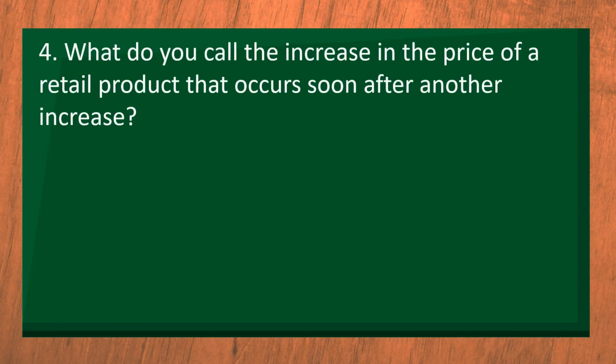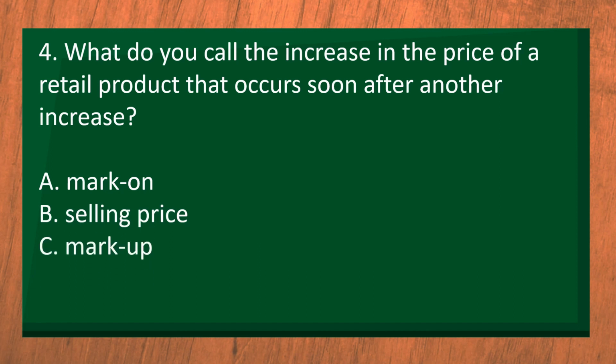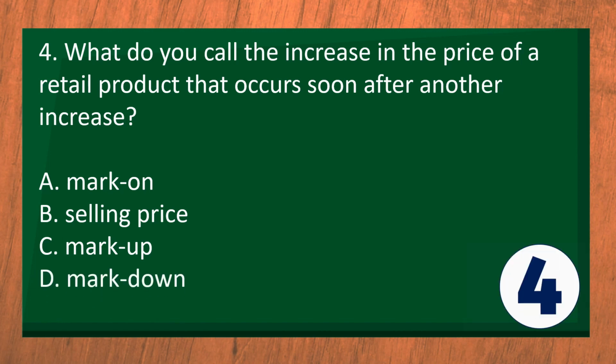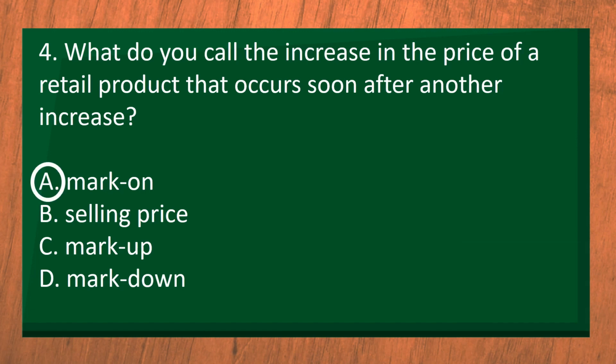Number 4. What do you call the increase in the price of a retail product that occurs soon after another increase? Letter A, mark-on. Letter B, selling price. Letter C, markup. Letter D, markdown. The correct answer is letter A, mark-on.